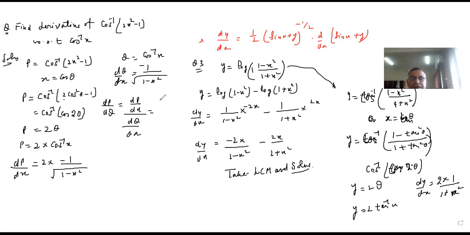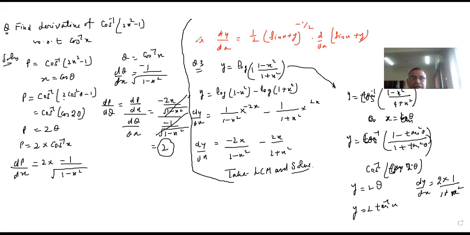So dP by dx is minus 2 upon the square root of 1 minus x square, then dQ by dx is minus 1 upon the square root of 1 minus x square. If this cancels, the answer is 2. Perhaps in that question also our answer was 2. So you have to see this: if the same value is there, which is given here, in most of the cases the answer will be 2. If you are in a hurry, you have less time and more questions to finish, under those circumstances you can guess.